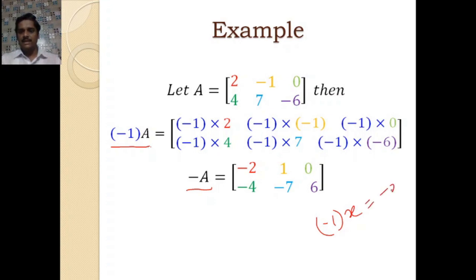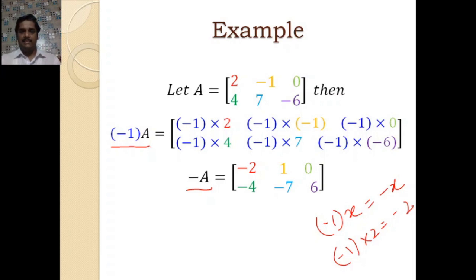We write it as minus of x. Let's say minus 1 into 2. We never write it like this, minus 1 into 2. We write it as minus 2. So here we use the same thing. This minus 1 into A is minus A, and we call this matrix the negative of A. This is a very important thing over here.